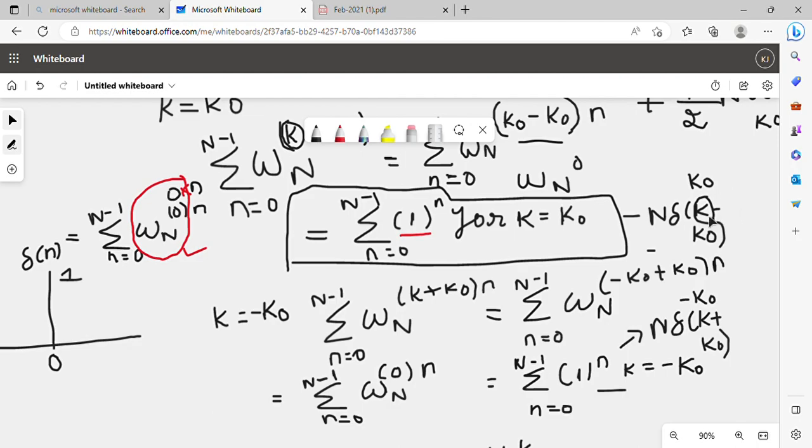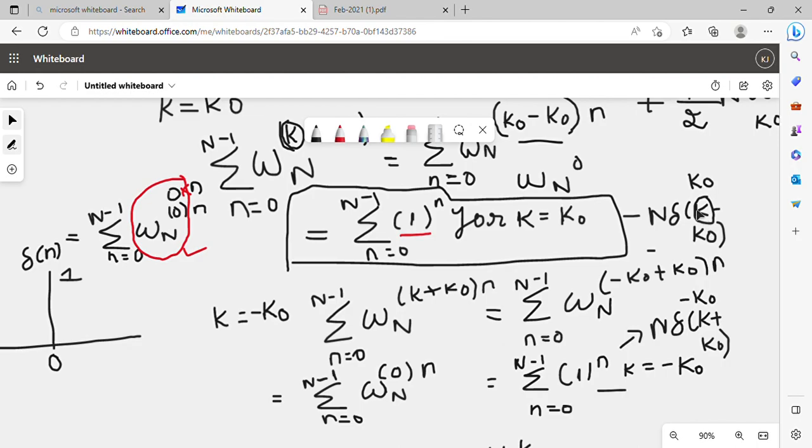So if I substitute k naught here, k naught minus k naught becomes 0, wherein delta of 0 becomes equal to 1. Here also, you have to substitute minus k naught. Minus k naught plus k naught is equal to 0, so delta of 0 is equal to 1.